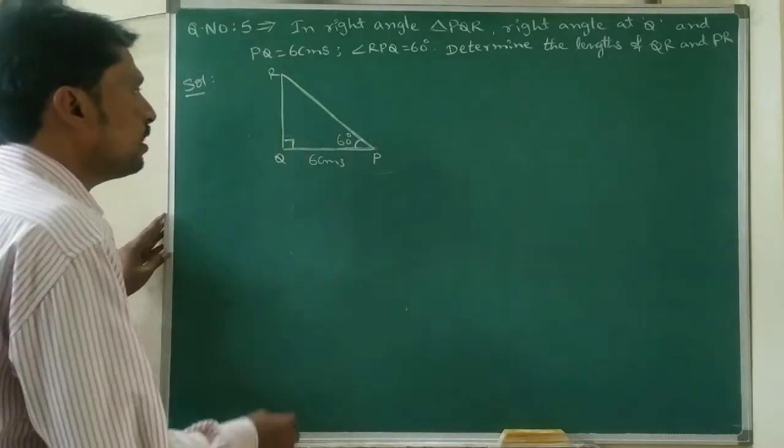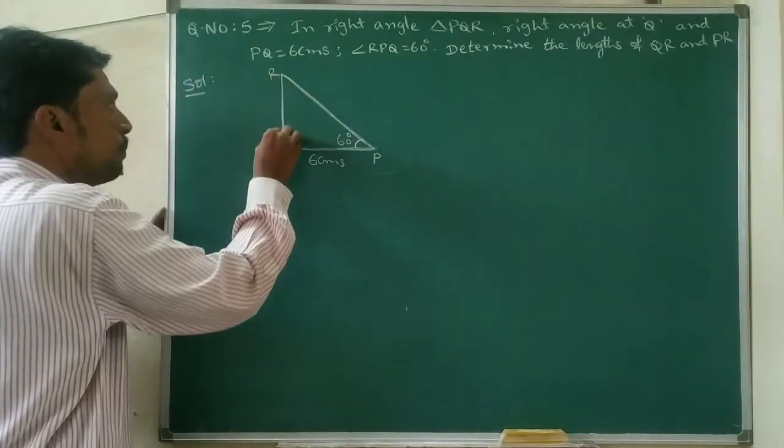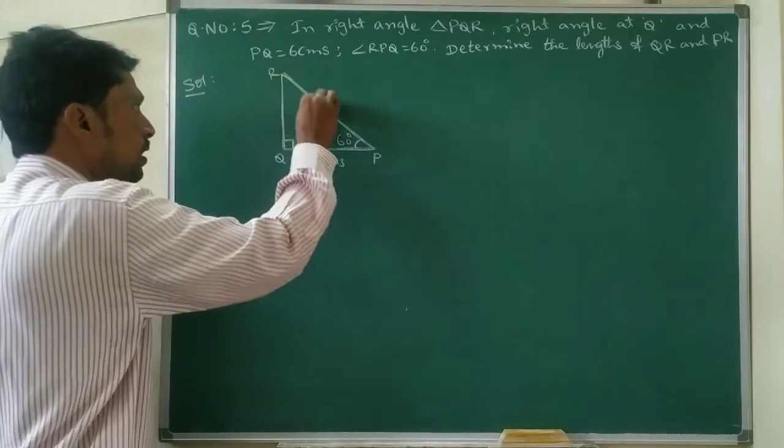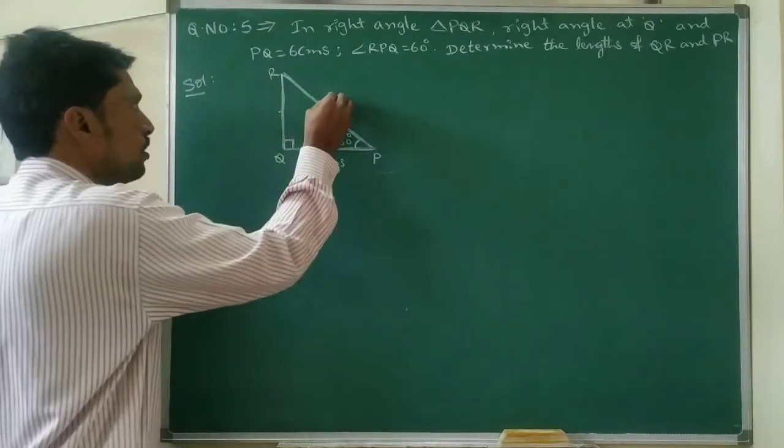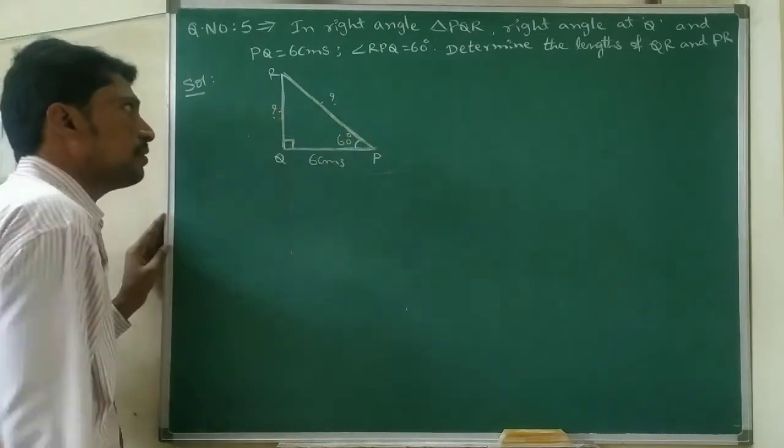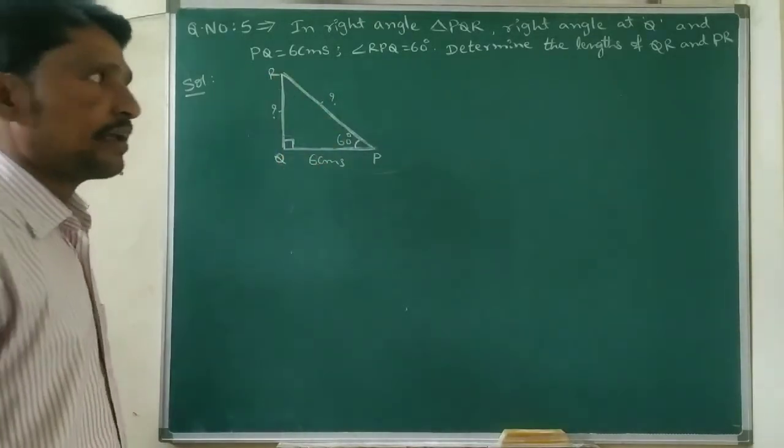So now we need to find the length of PR and QR. Both sides we need to find.